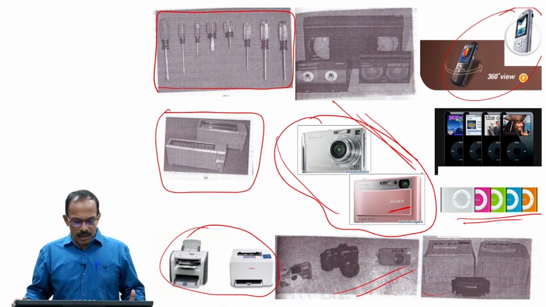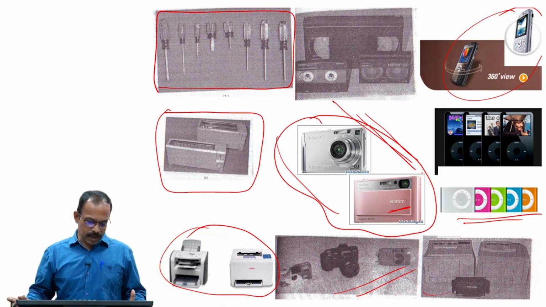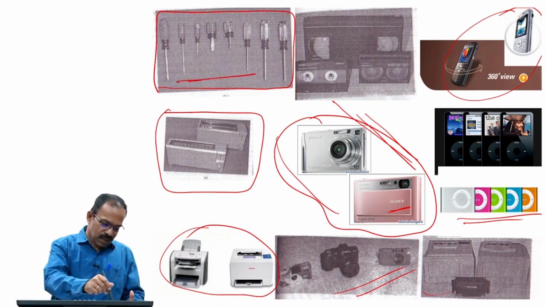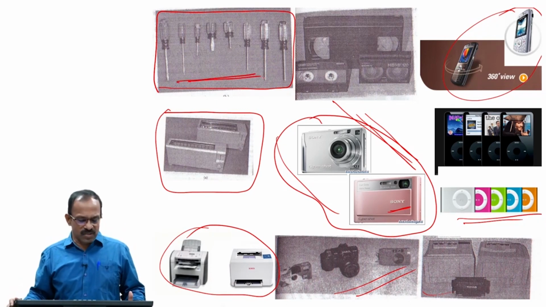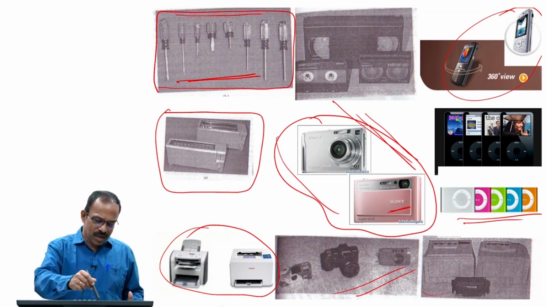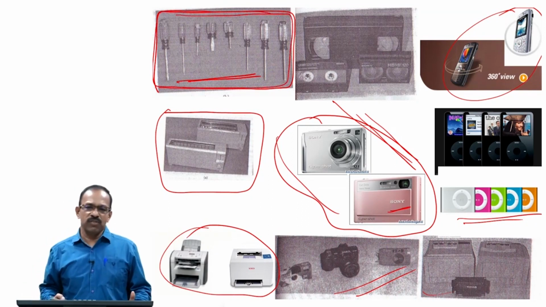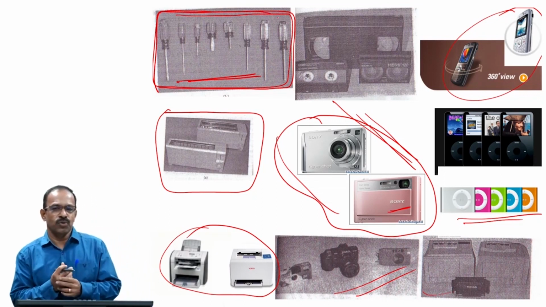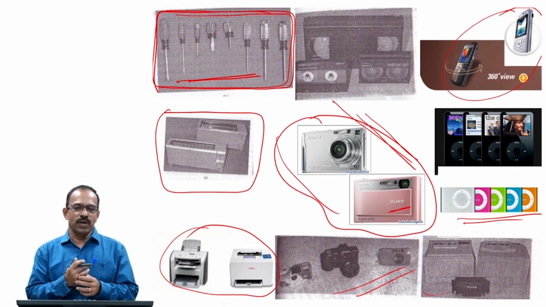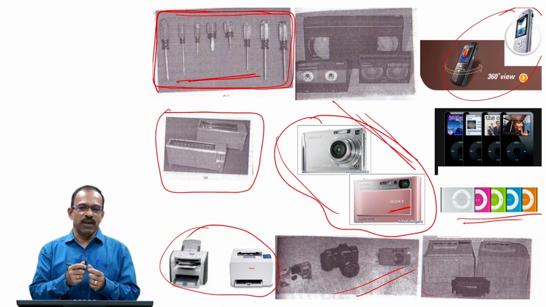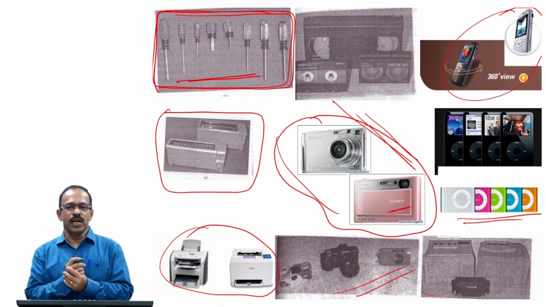Then again, if you take products like this, a screwdriver set, you can see in this screwdriver set each screwdriver is an independent one. But if you have seen these screwdriver sets where you can have the tip replaced, you can have the handles common for all the screwdrivers and the screw tip can be replaced.